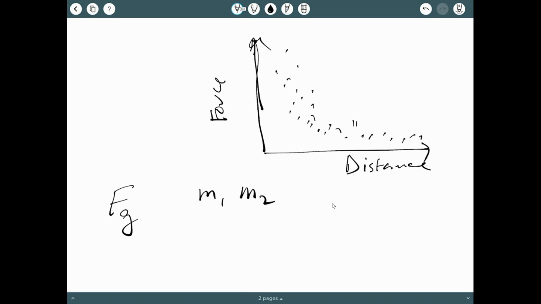So we've painstakingly collected all this data, and we can infer that the relationship between the force and distance must be inversely related, because as the distance increases, the force is decreasing, and it's not decreasing linearly.